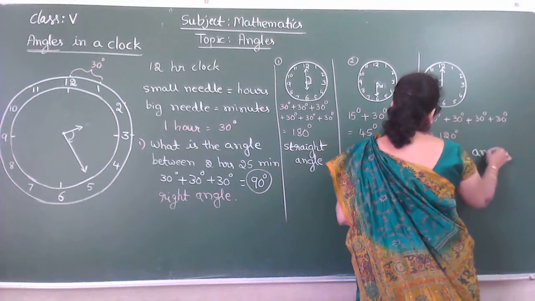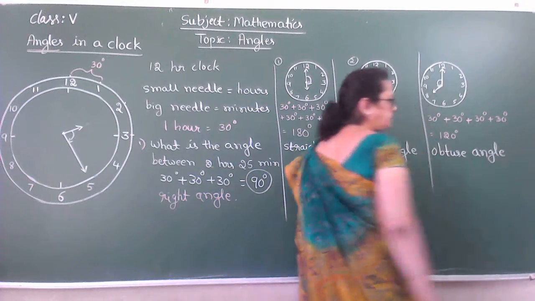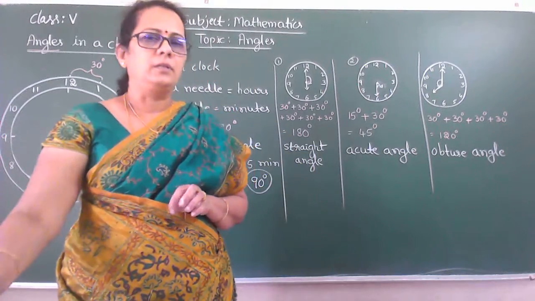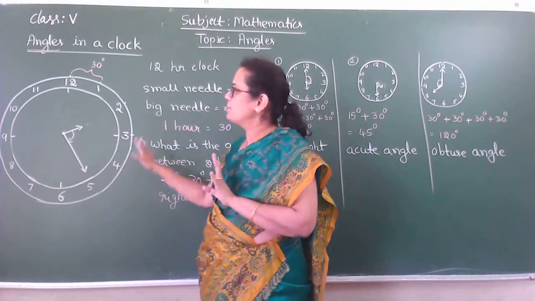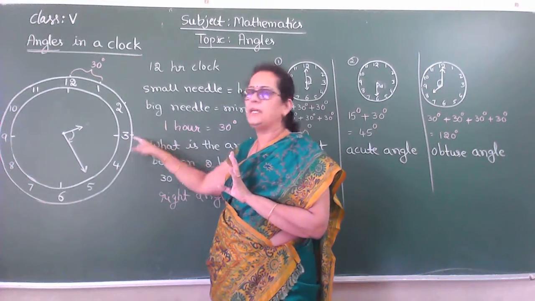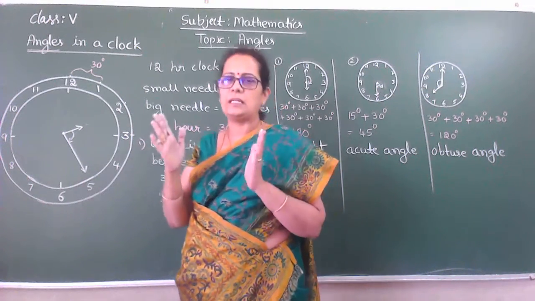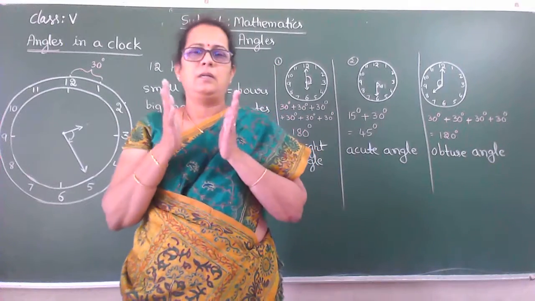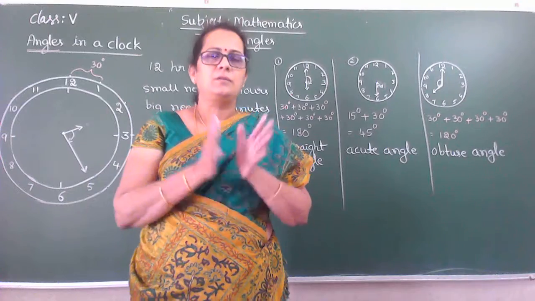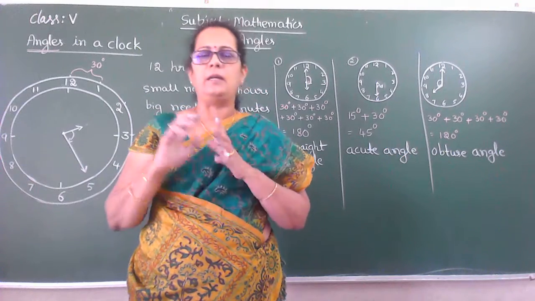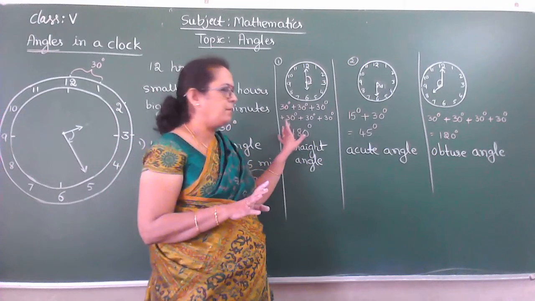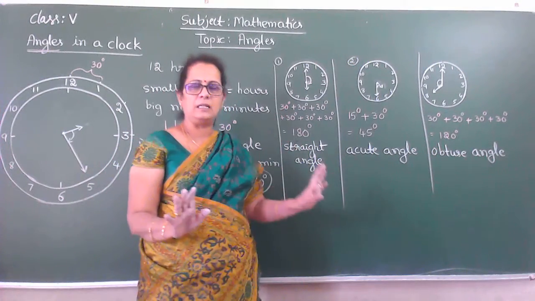This is obtuse angle. So children, see, first you learn how to draw a clock, then the distance between each number indicates how many degrees? 30 degrees. So go through the small needle and the big needle. If it is exactly showing the numbers, you take 30 degree.